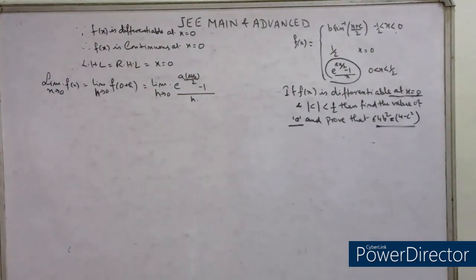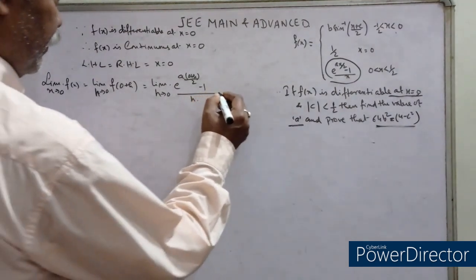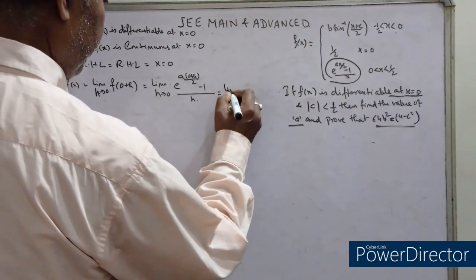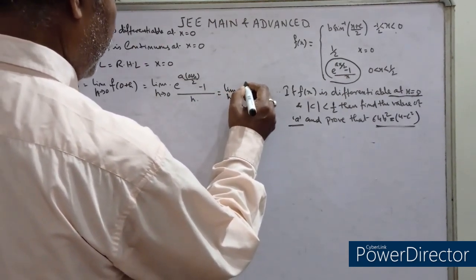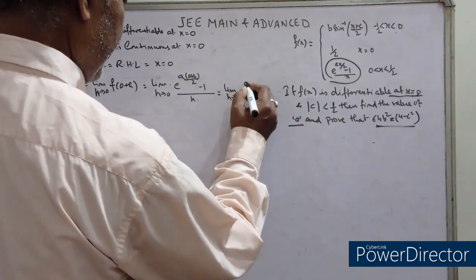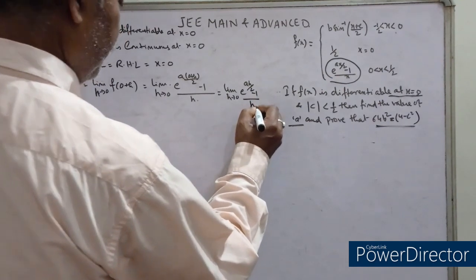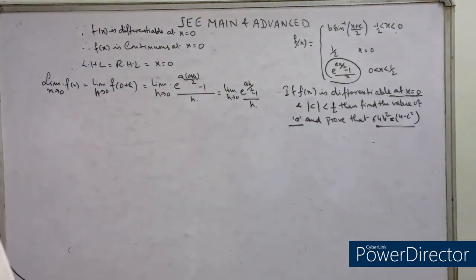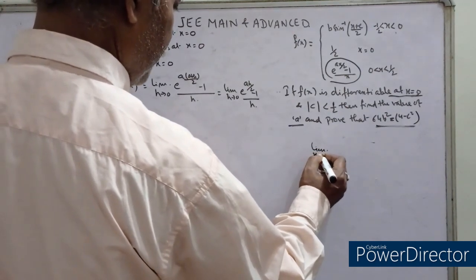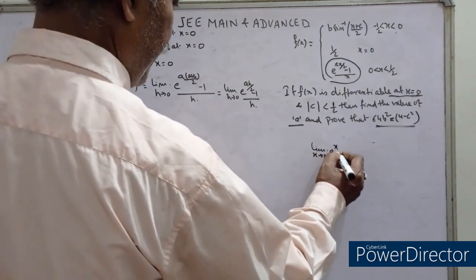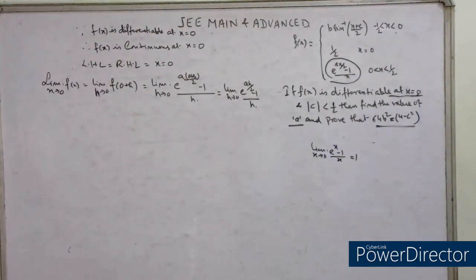This is equal to the limit as h tends to 0 of (e to the power of ah/2 minus 1) by h. To solve this I am going to use the formula: the limit as x tends to 0 of (e to the power of x minus 1) by x is equal to 1.